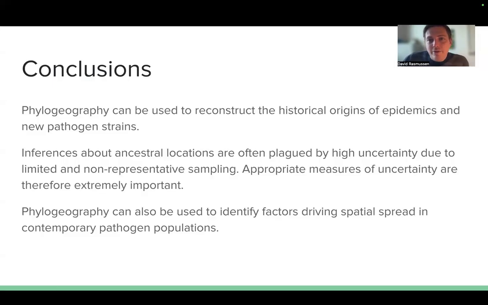And if you're interested in the continuous phylogeographic methods, because you're working with a pathogen that moves in a more wave-like or diffusive manner across a landscape, there'll be a link in the tutorial to other tutorials that people have made for the continuous phylogeographic methods.